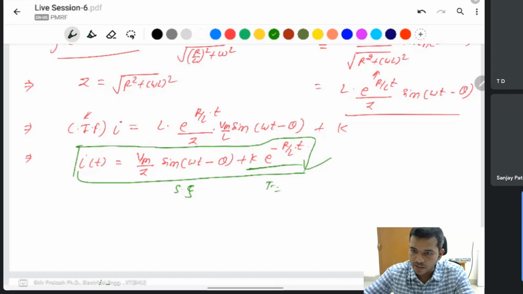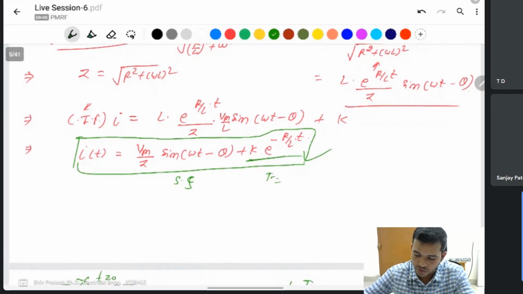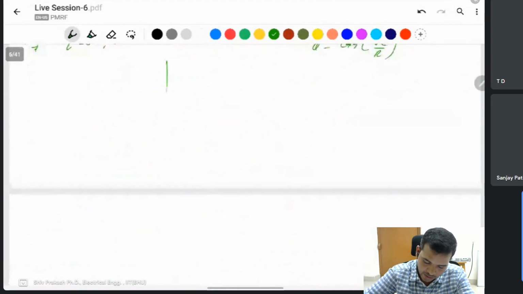This one occurs as the switch is closed at t equal to 0. At that time, exponential decaying nature occurs in the current waveform like this one.